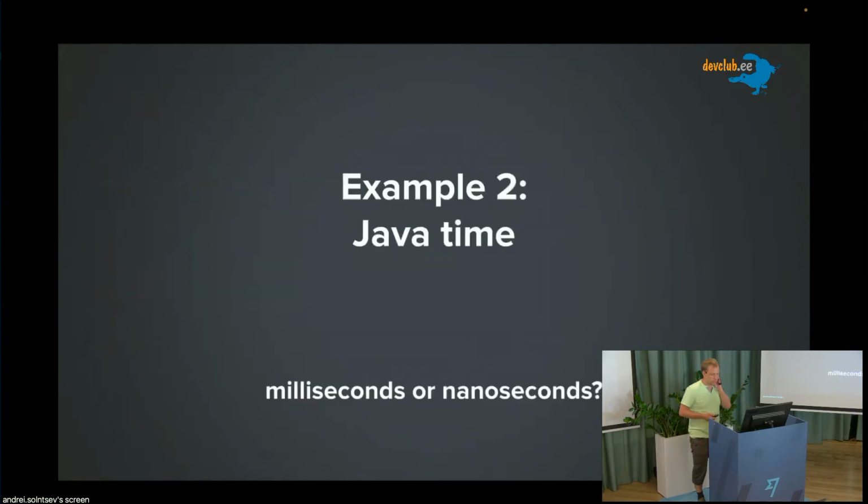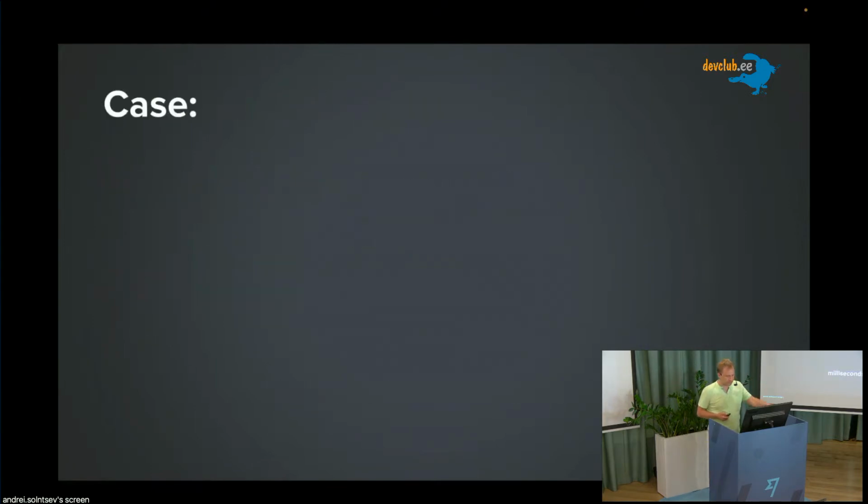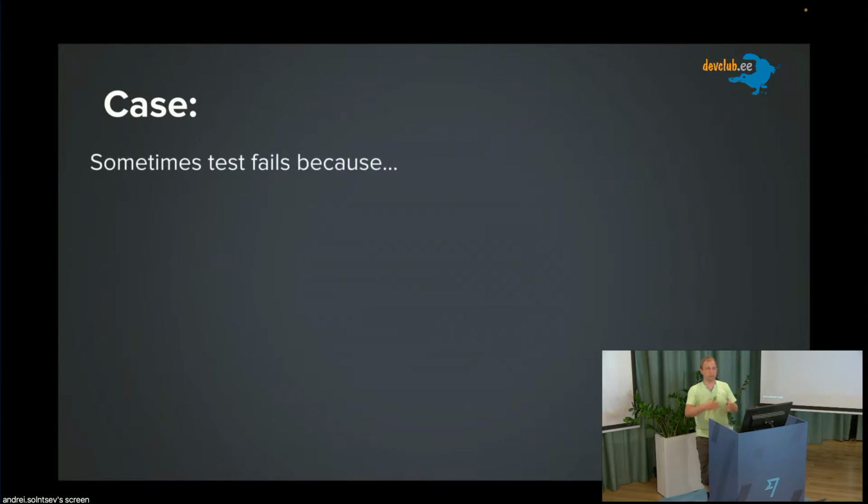Let's see the next example, Java time. We had some test, again a UI test for an internet bank, which created a payment, submitted some amount, submitted some account number, clicked submit, and very, very rarely, probably once in 100 times, it failed, saying that the status of the payment is wrong.